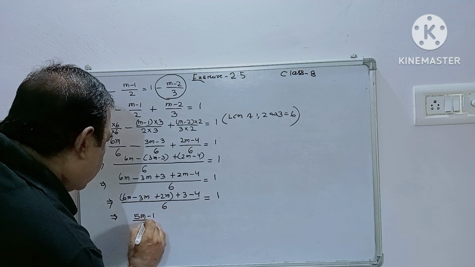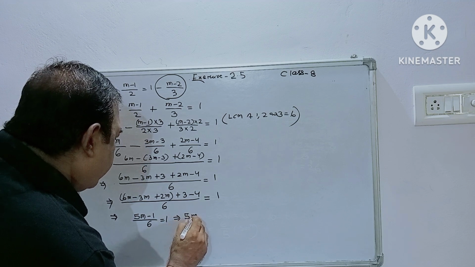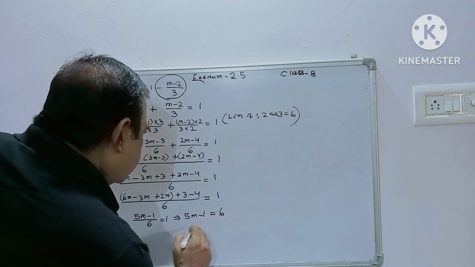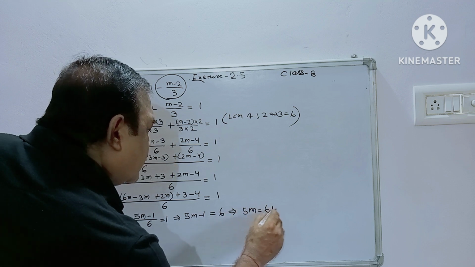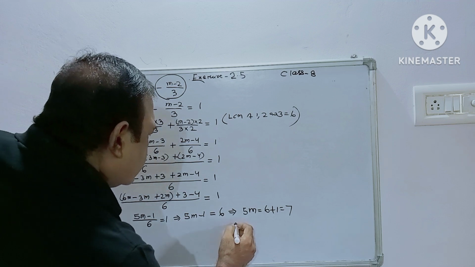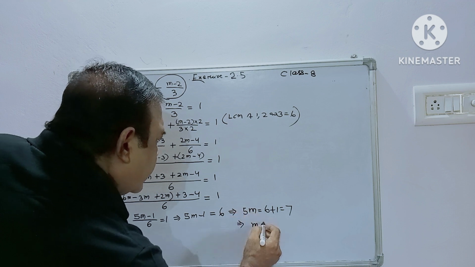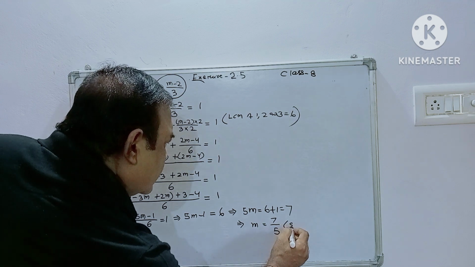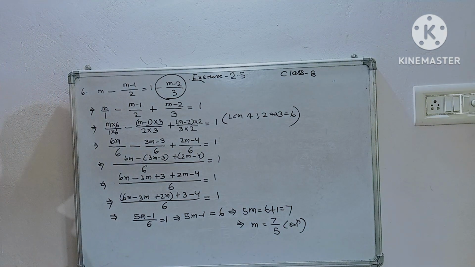So (5m minus 1) whole divided by 6 is equal to 1. That implies 5m minus 1 is equal to 6. That implies 5m is equal to 6 plus 1, that is 7. Okay? So what is m? 5 multiplied by m is equal to 7, so m is 7 upon 5. So this is the solution. So we have to do like this.